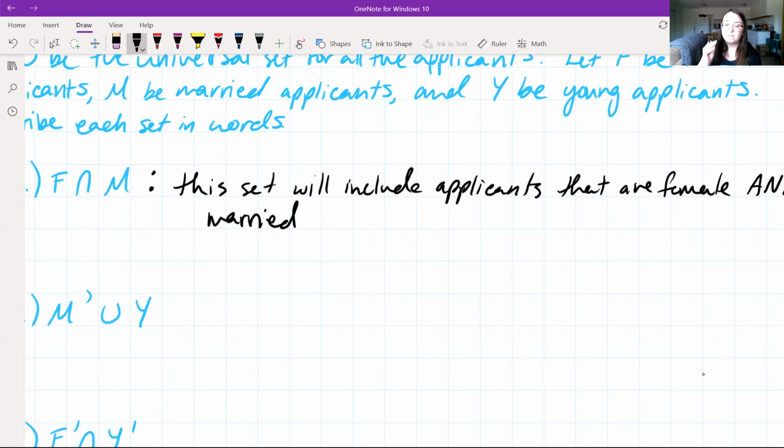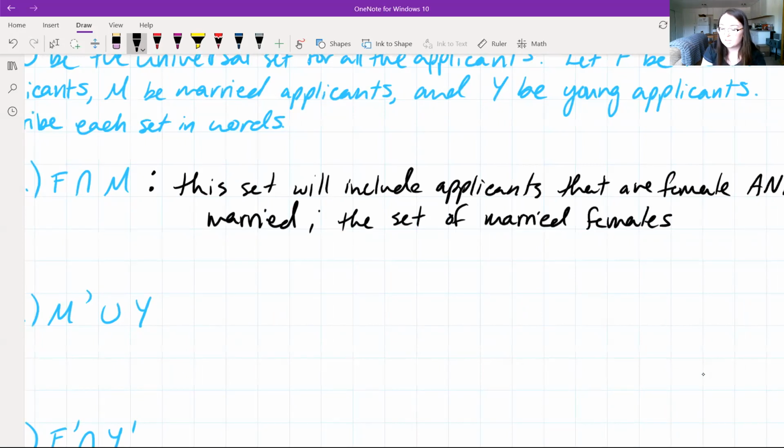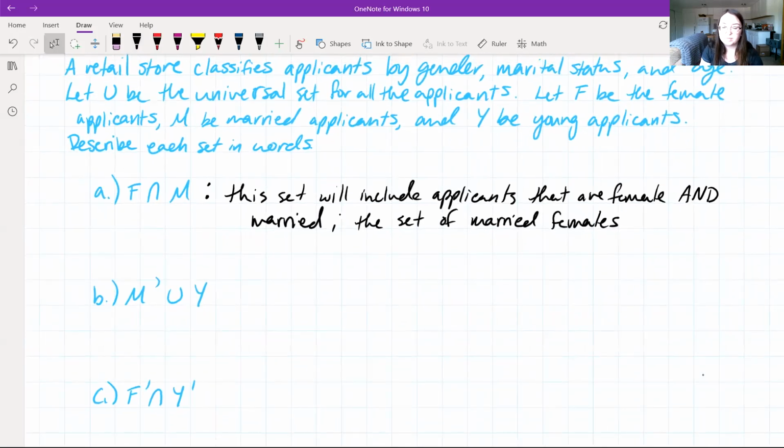So this set would also be known as the set of married females.